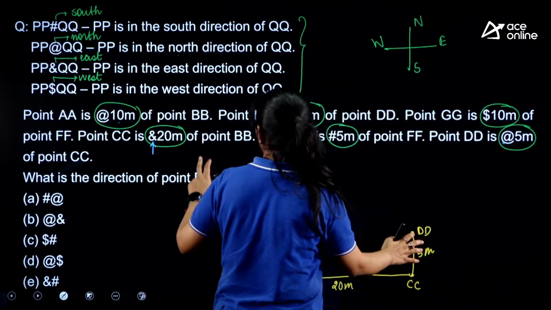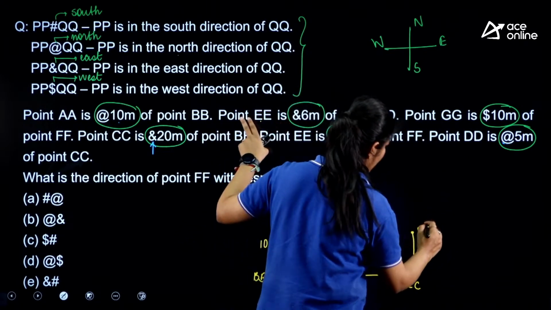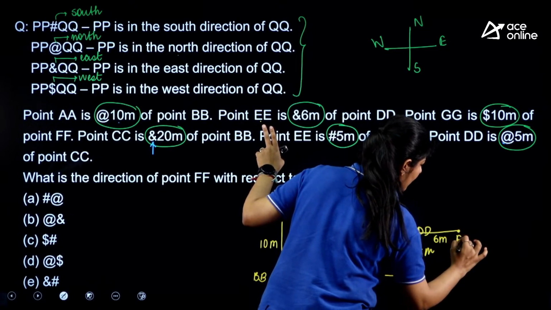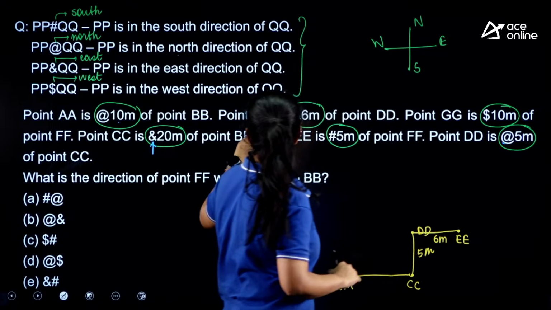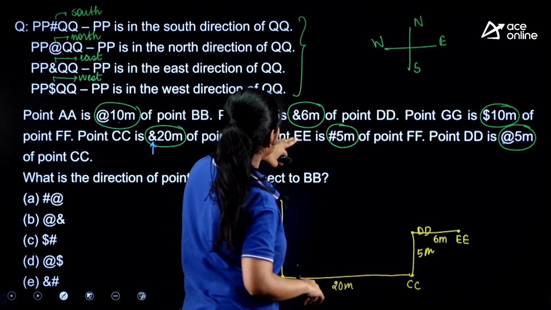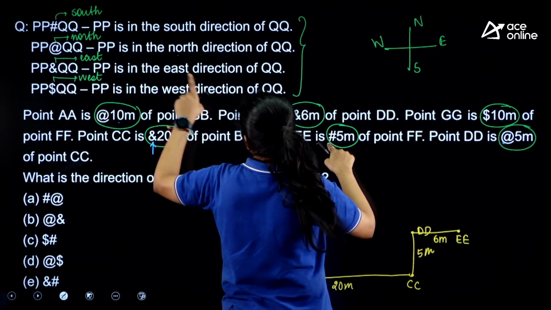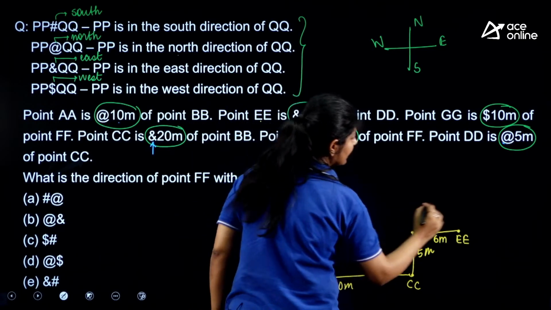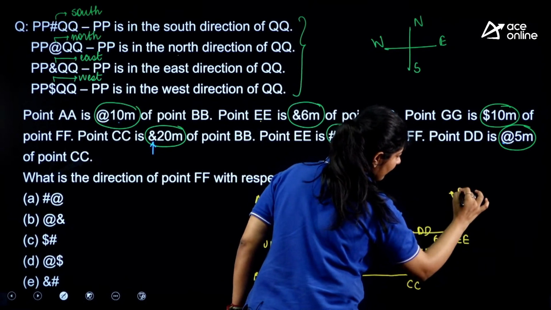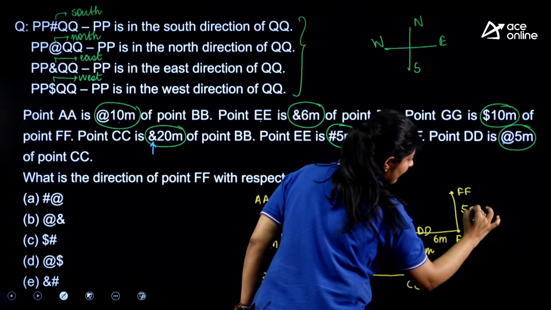Now with the help of point D, we have to draw point E. So this is 6 meters and this is my point E. Now with the help of point E, we need to draw point F. Point E is #, that means south, 5 meters south. So somewhere over here we are having point F. This is 5 meters.